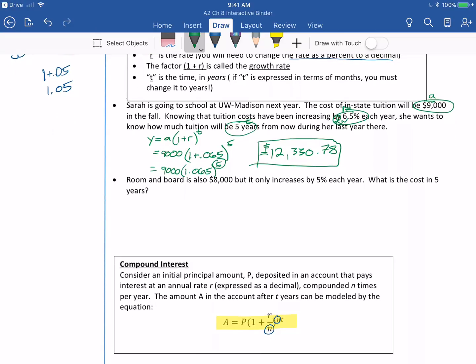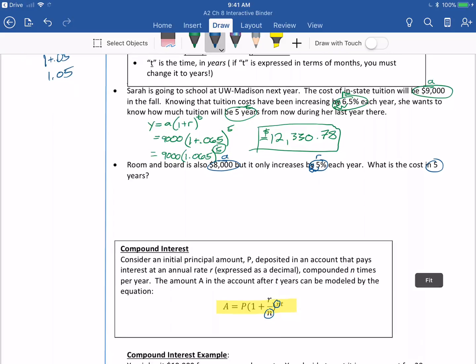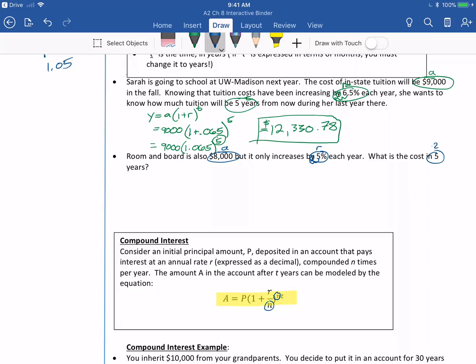The second part of the question is that room and board is $8,000, but it only increases by 5% each year. What will that cost be in 5 years? Again, here we have the a, here we have the r, which is 0.05, and here we have 5, which is the t. Now let's plug those in. I get 8,000 times (1 plus 0.05) to the t power, which is 5.